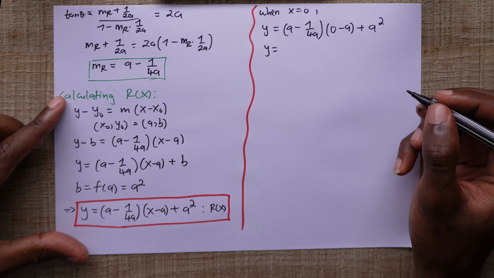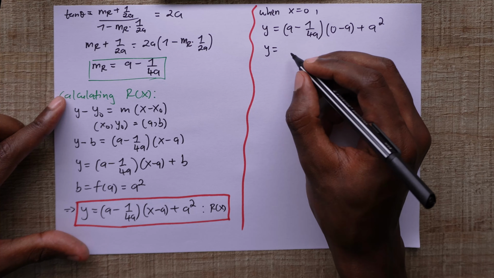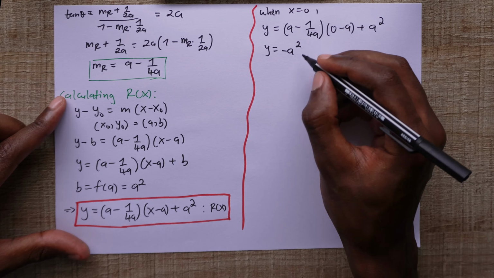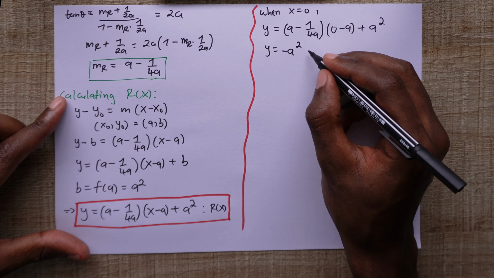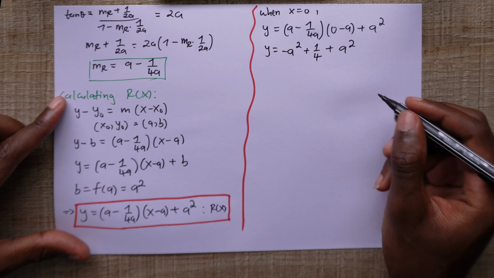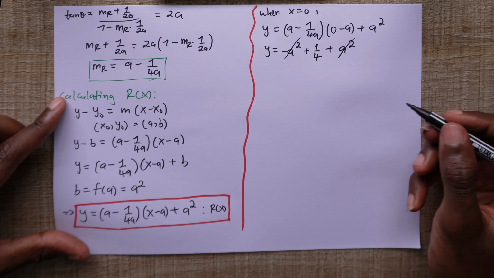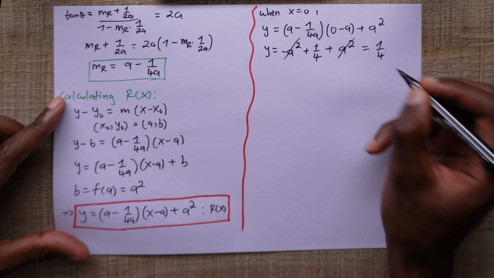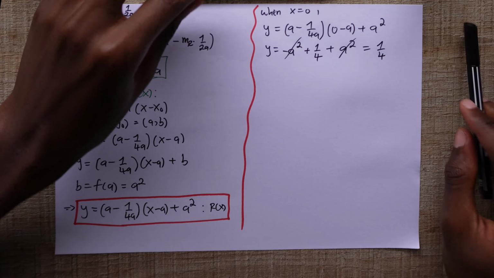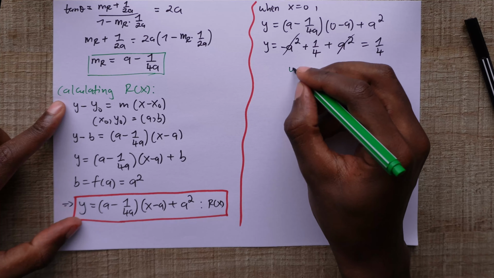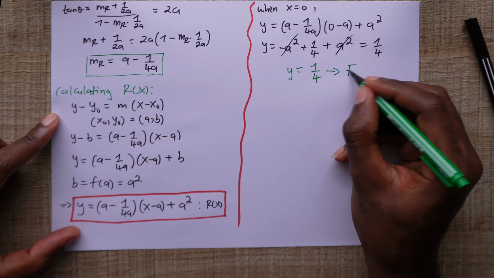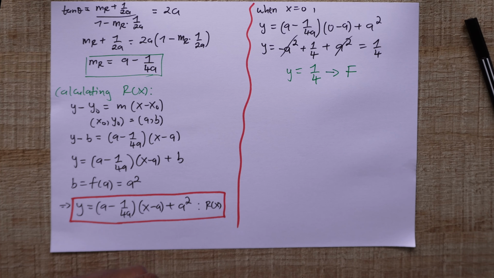So that's a squared, that's minus a squared, then plus 1 over 4, this times that, plus a squared. So this term cancels with this one, and that gives us 1 over 4. So we effectively get the result we expected. y is equal to 1 over 4. And this corresponds to the focal point, F.